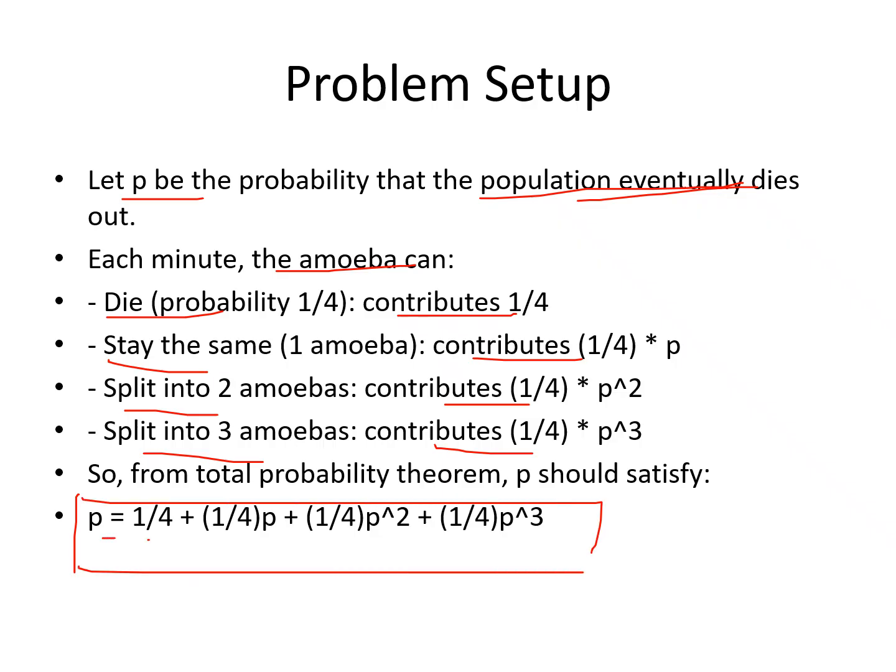So the total probability of extinction equals 1/4, which was coming from this first case that it dies immediately. It stays the same. This gave us the second term, splits into two. This gave us this term, splits into three. This gave us this cubic term. So we have a cubic equation in P, and we need to solve this to find the answer.